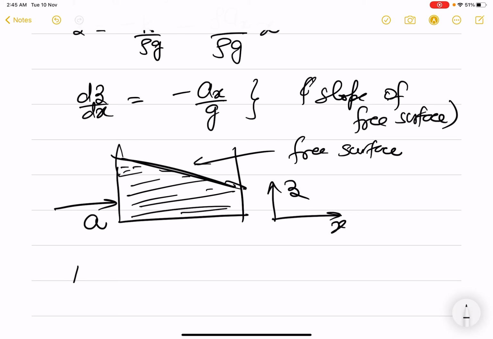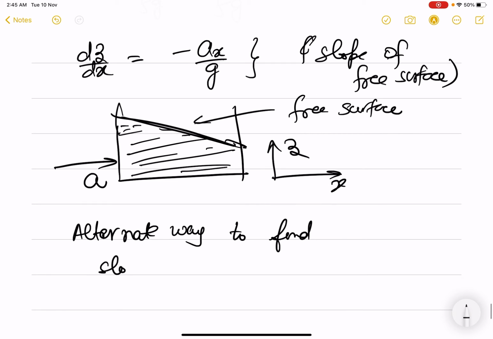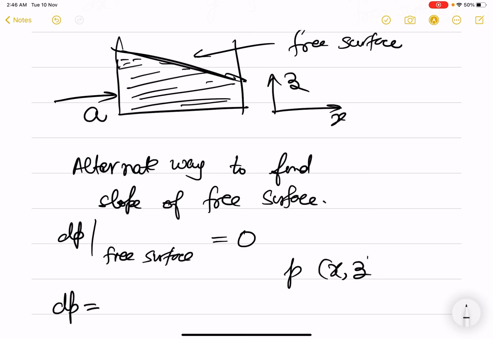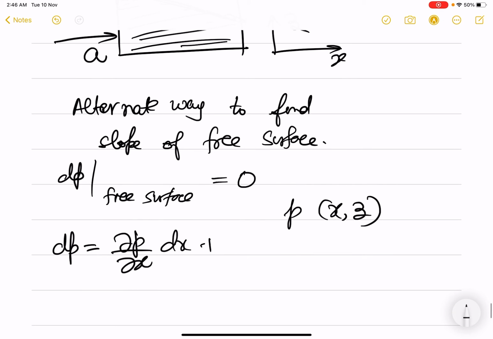Now there is an alternate way to find the slope of the free surface, and that is we write dp on free surface is equal to 0, and because p is a function of x and z, dp is equal to partial p by partial x times dx plus partial p by partial z dz.